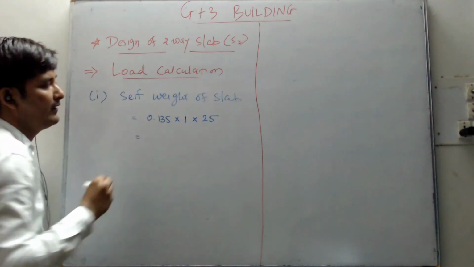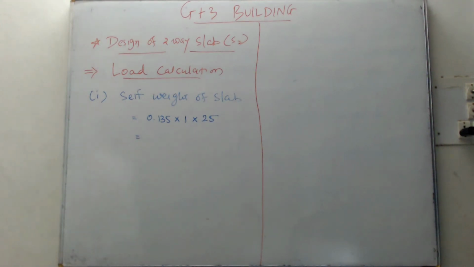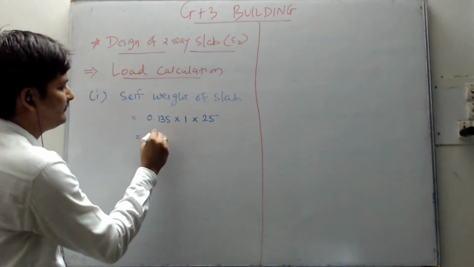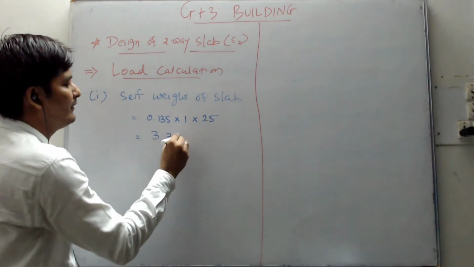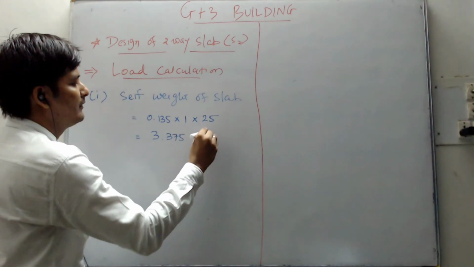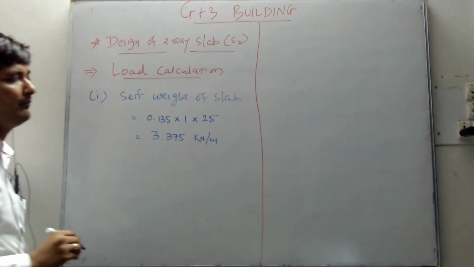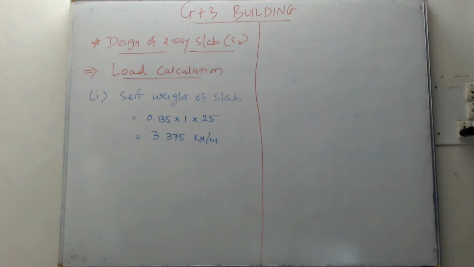If you calculate this, the value is 3.375 kilonewton per meter. We are getting this value in kilonewton per meter, that is UDL.